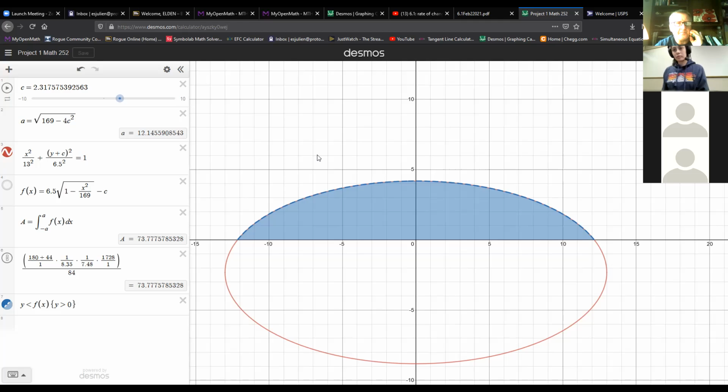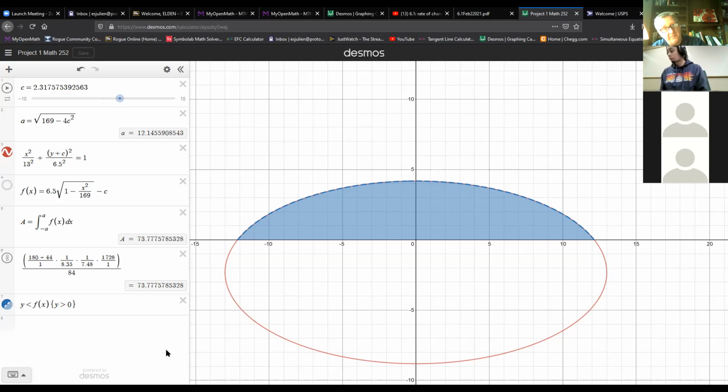So the integral of f of x needs to be equal to the area, right? Exactly. And then your limits of integration are even an equation. The limit, if you will, is the square root of 169 minus 4c squared. And so somehow you've got to solve that calculus algebra statement. And so yeah, there's a way to do this by hand.